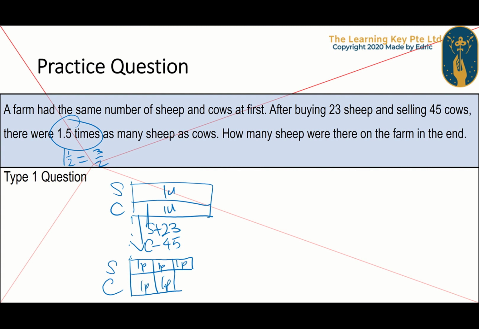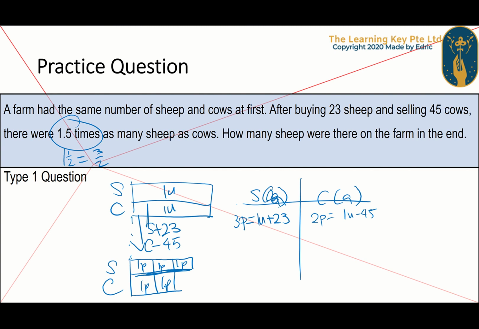So we can see equations here. Sheep after and cow after. So sheep after is 3p, right? So 3p equals 1 unit plus 23. But then cow 2p equals 1 unit minus 45.